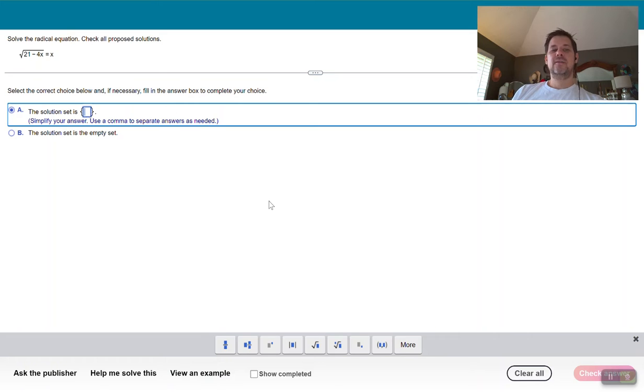Now, one mistake that people sometimes make is putting in whatever they think the answer is. Suppose you think the answer is 1 again. If we put in 1, some people are inclined to say x equals 1. And that might be true, since we're trying to solve for x.